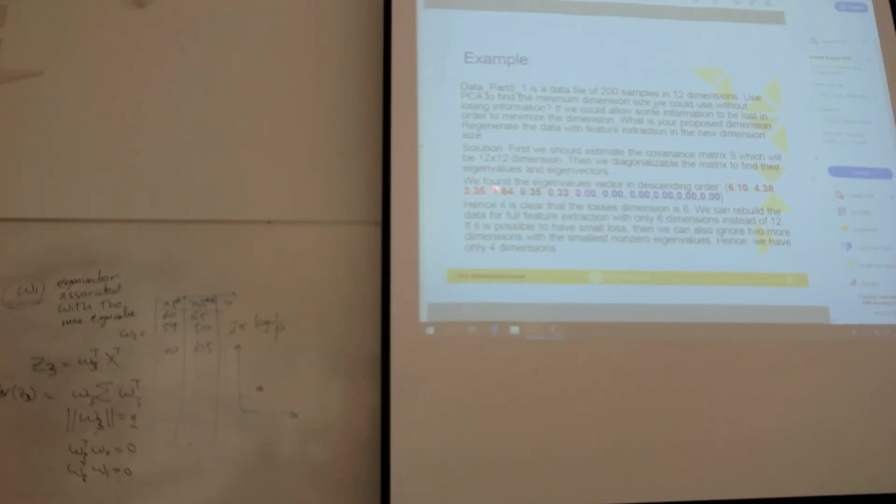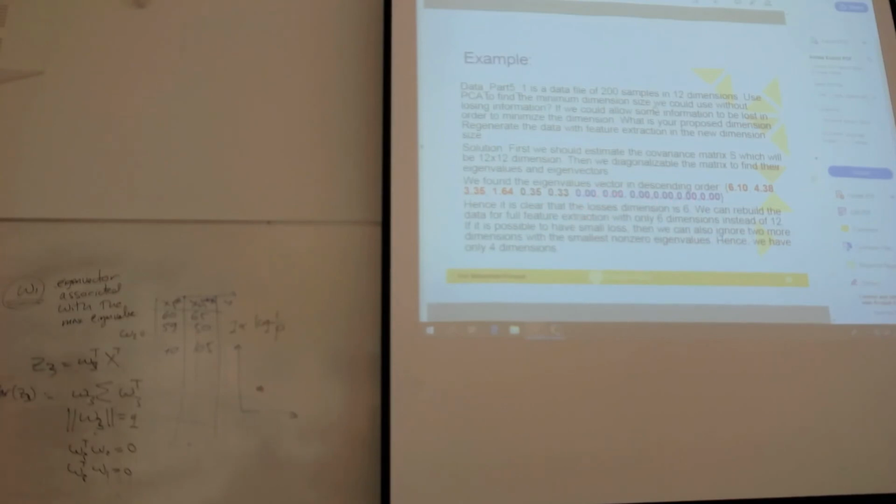You will find that the eigenvalues are those numbers: 6.1, 4.3, 3.35, 1.64, and then small eigenvalues 0.35, 0.33, and then you have 1, 2, 3, 4, 5, 6 zeros.